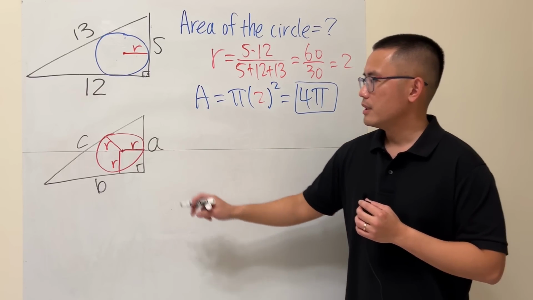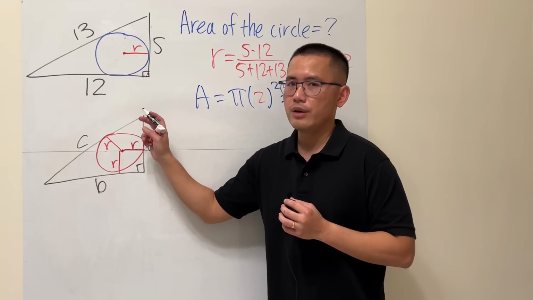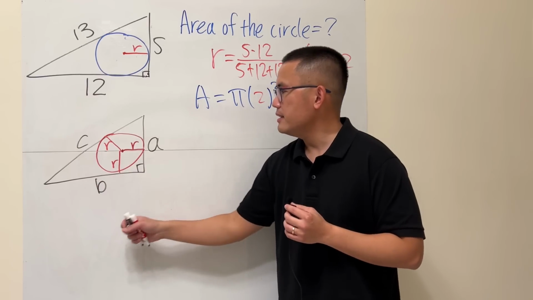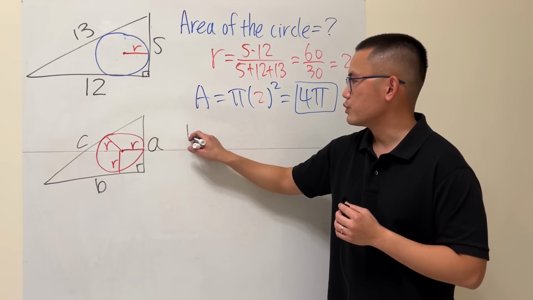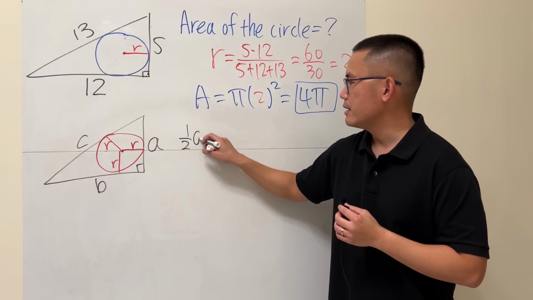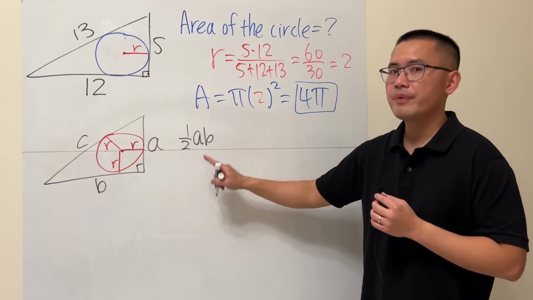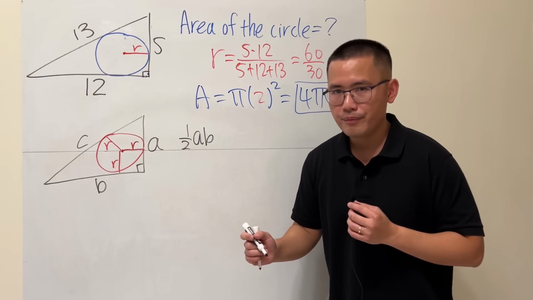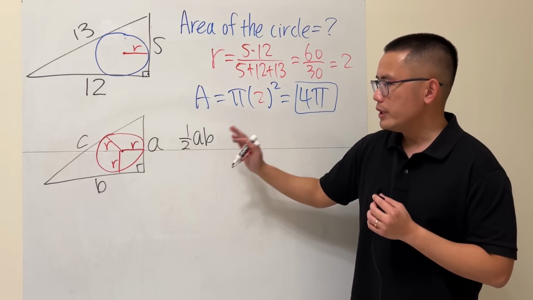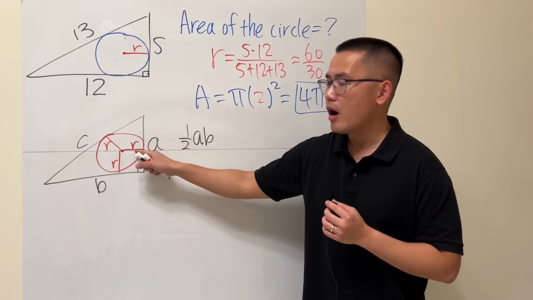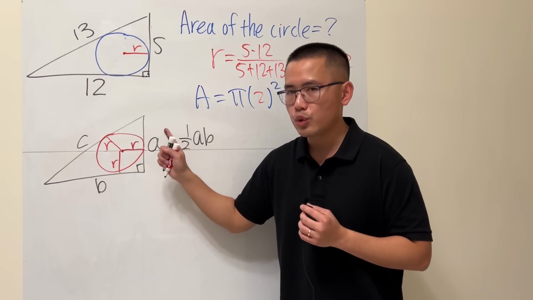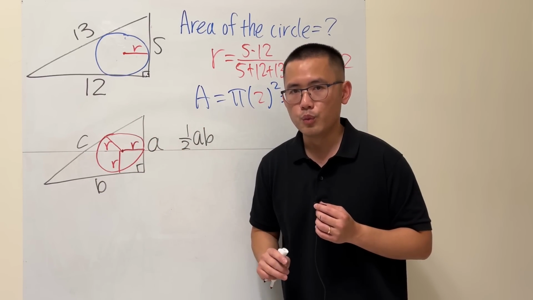Now have a look. Let's focus on the big triangle. How can we find its area? Well, this is the base, this is the height. So it's just 1/2 base times height. Let me write it down as 1/2 AB. This represents the area of the big triangle. Now, I want to relate this triangle with R. To do so, I'm just going to break down this big triangle into 3 smaller ones.